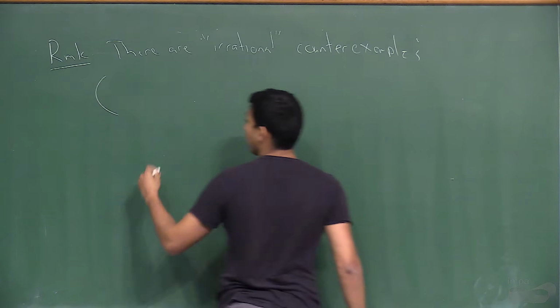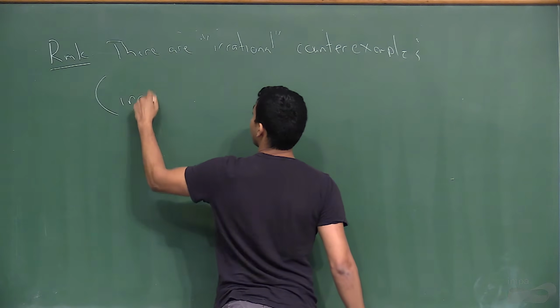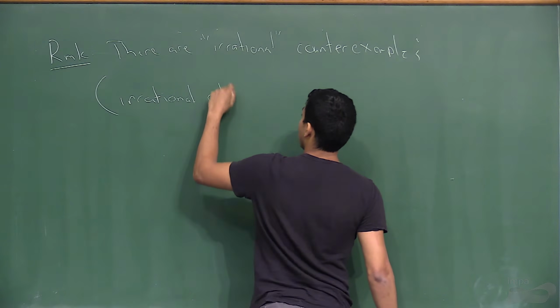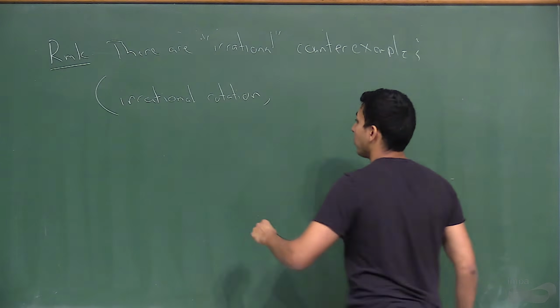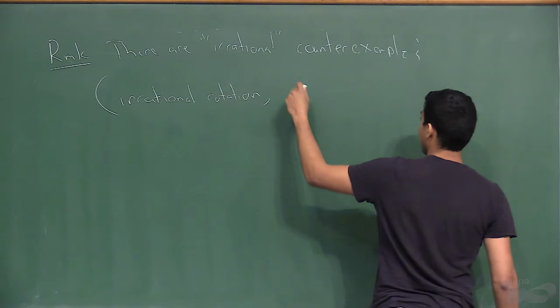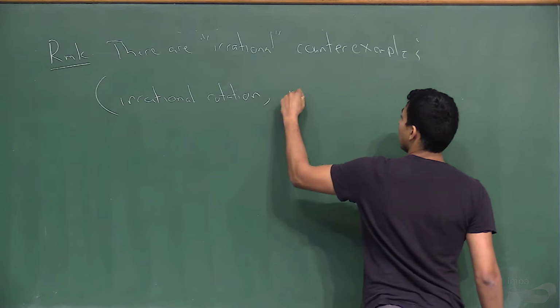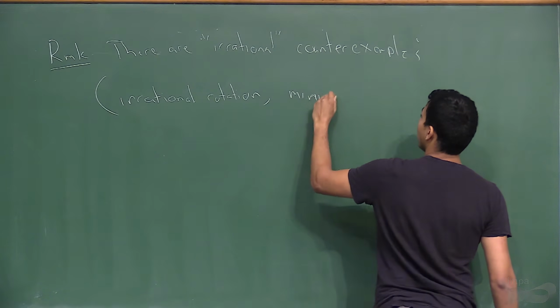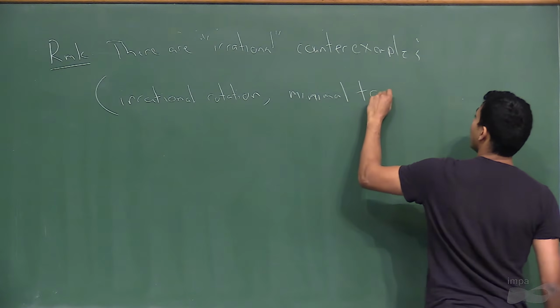For the torus, such an example would be an irrational rotation. And for higher genus surfaces, you can have counterexamples given by time one maps of minimal translation flows.